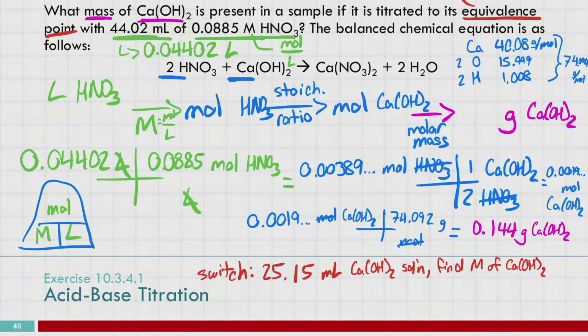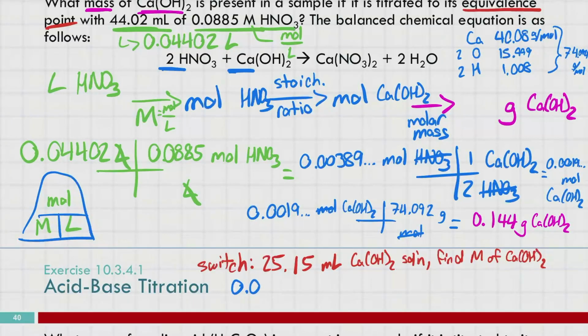So all that's going to change for this problem is once we get to this moles of calcium hydroxide, instead of using our molar mass, we use our milliliters converted to liters to find molarity. So this last step here is going to change.